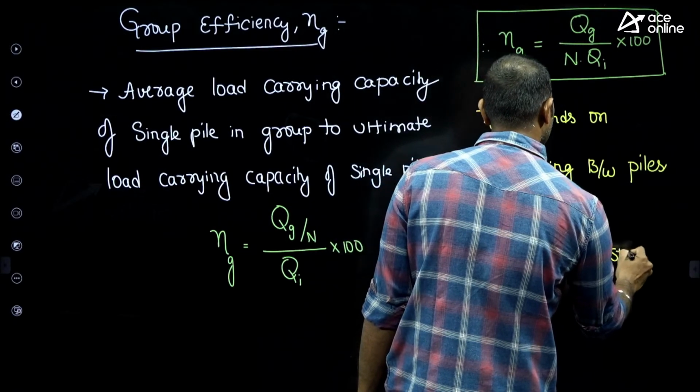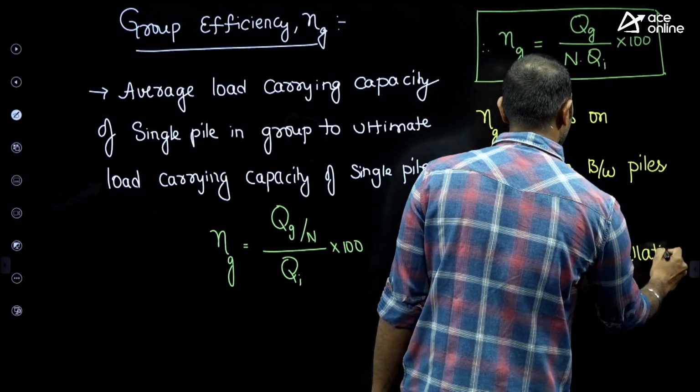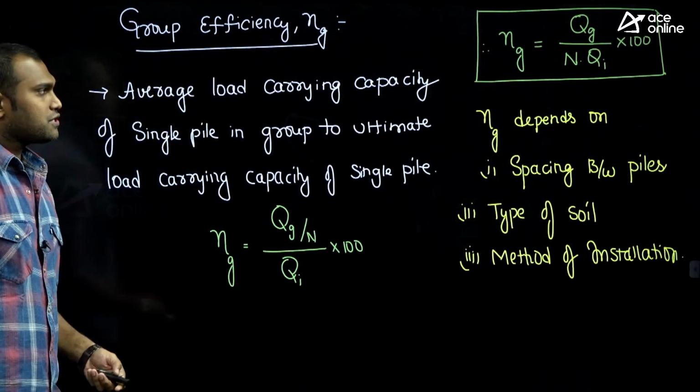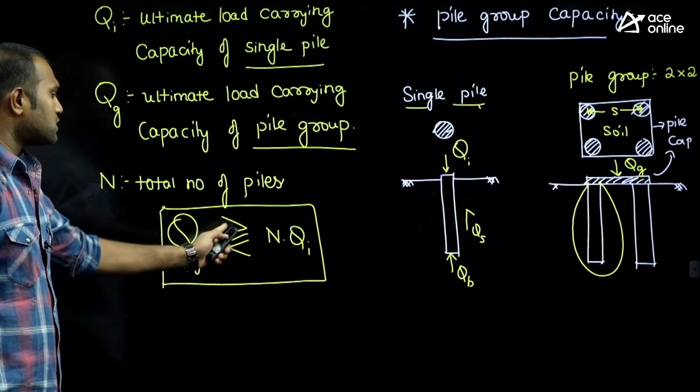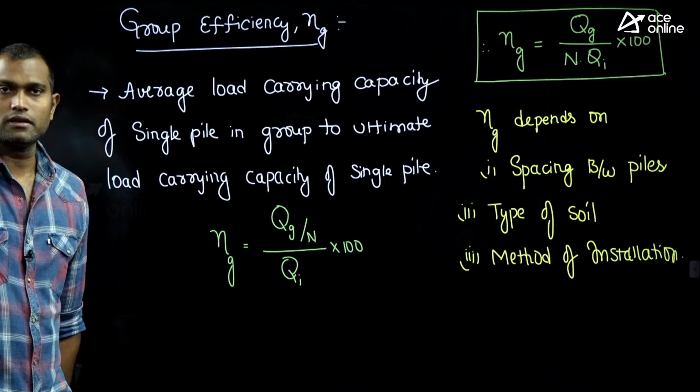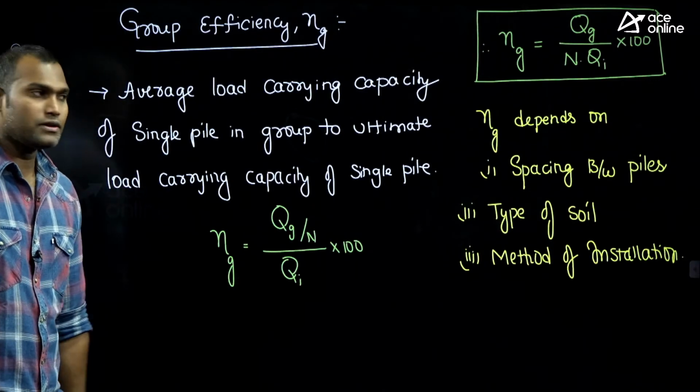How you are going to install that pile also matters. And as you know, QG can be greater than, less than, or equal to N into QI, so the group efficiency can be more than 100%, less than 100%, or equal to 100%.